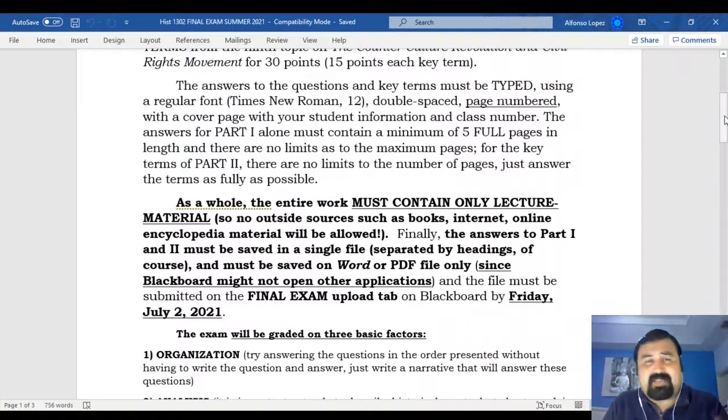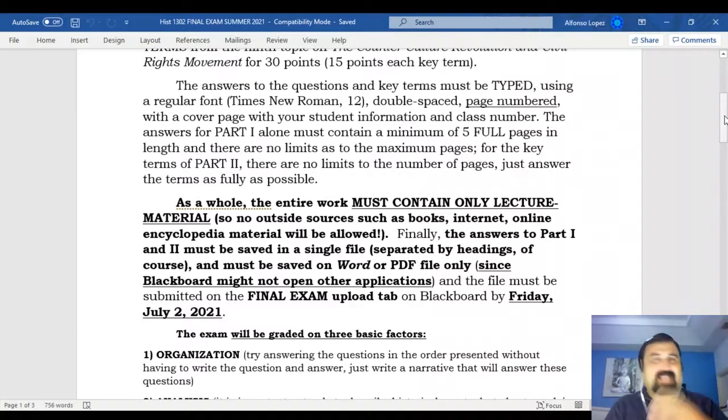At the end, you can save it as a PDF file, but please upload it either as a Word doc or PDF on Blackboard. There's already an upload tab there under Submit Work, due by Friday, July 2nd, before the end of the day, 11:59 PM.